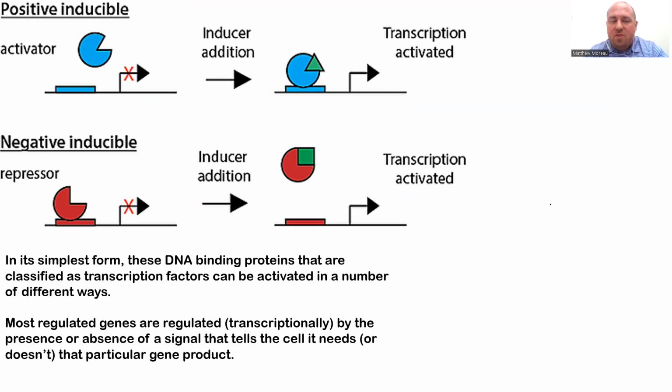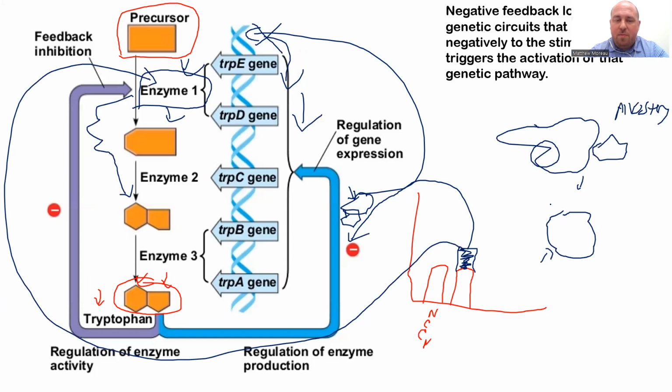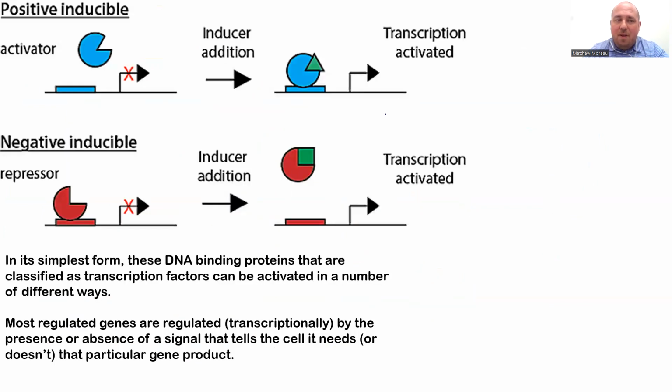And so the two different types, so we talked a little bit about repression being in the negative feedback way. The binding of molecules in a positive feedback loop or in an inducible way happen to come in two different forms. There is positive inducible and negative inducible ways of inducing transcription. And this all has to do with where the particular thing is binding.